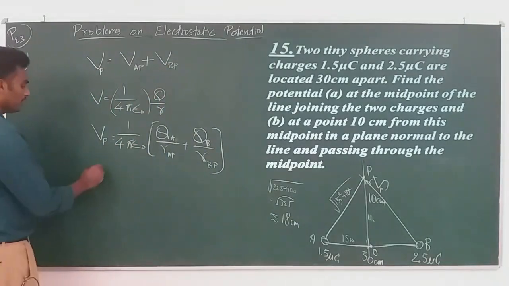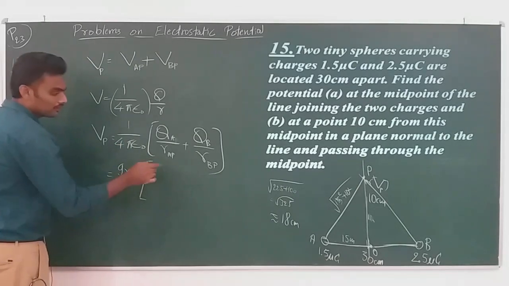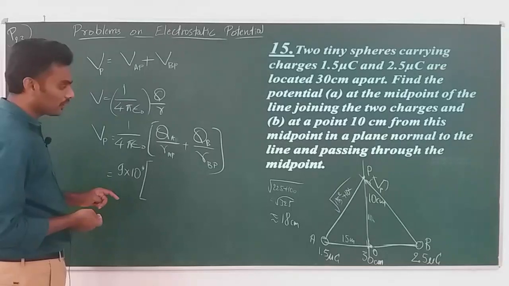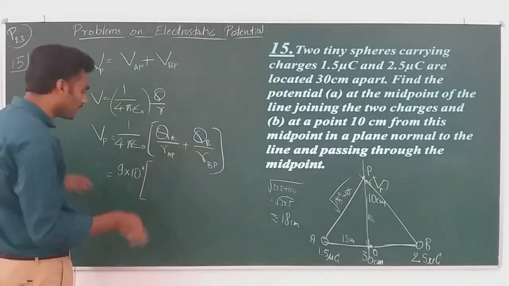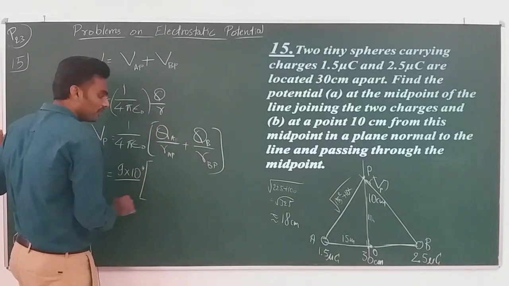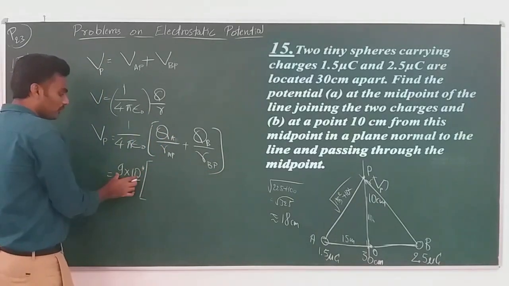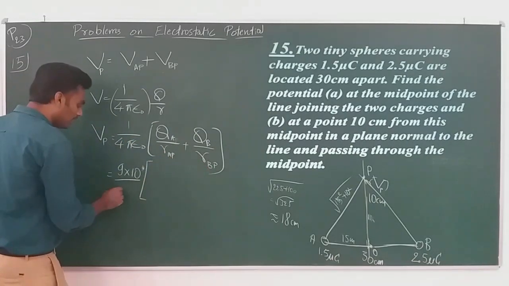Let me substitute them here. 1 by 4 pi epsilon naught is 9 into 10 to the power of 9 into, what is QA? It is 1.5 microcoulomb, which I can take as a common factor, and the micro part can be taken outside, similar to the previous case. And here RAP, RBP is equal to 18 centimeter.